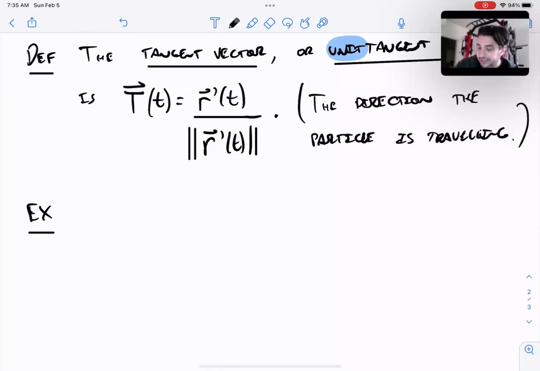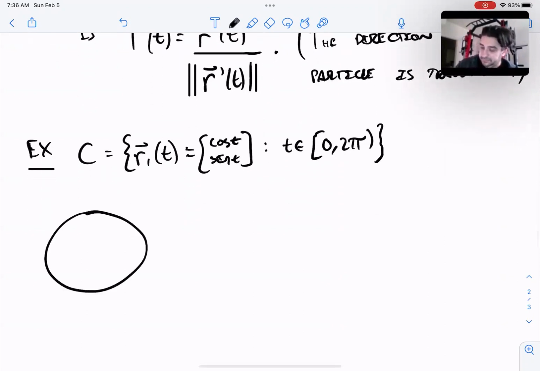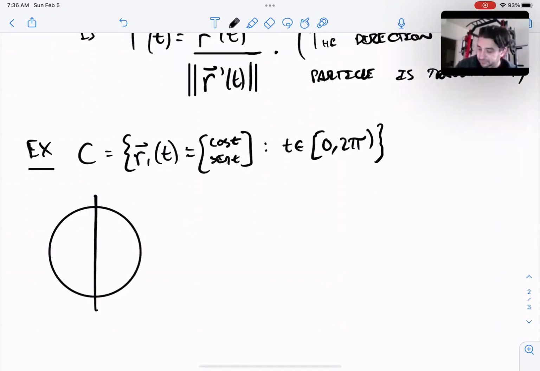2 parameterizations that we gave of the unit circle, right? So you can say this is the unit circle, right?